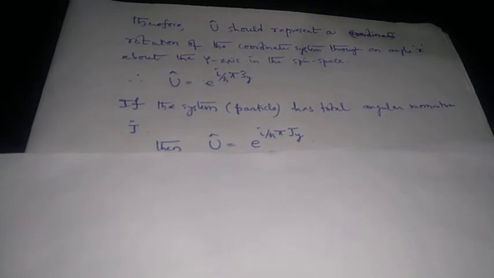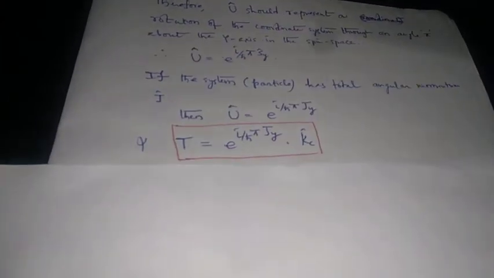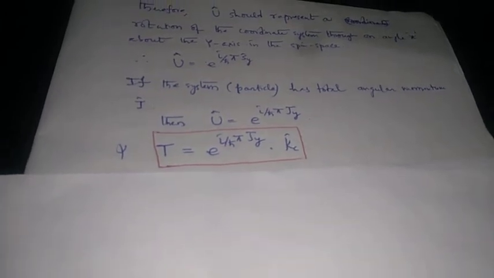In case the system or particle has total angular momentum J, then the operator U should be taken as exponential of (−i/ℏ) pi Jy. So the time reversal operator T can be written as a product of this exponential term and the complex conjugate operator Kc.